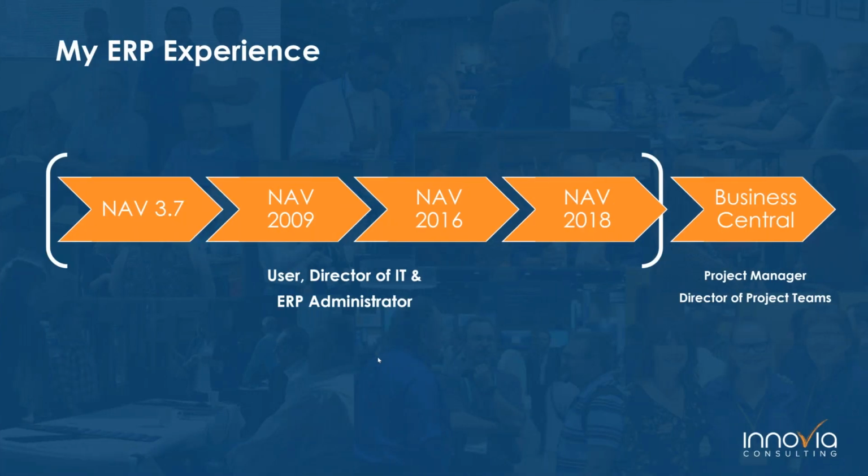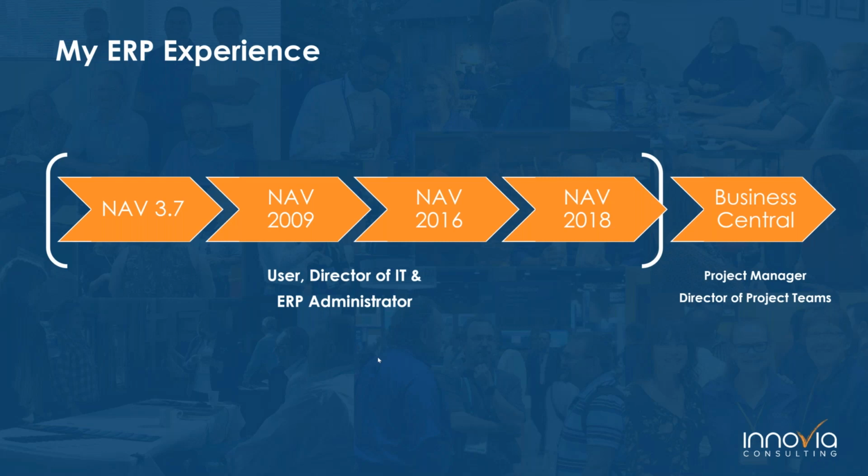Just a little bit of my ERP experience. I started with Nav all the way back when it was on version 3.7, and as an end user, I worked my way up from being a user to a director of IT, and then the ERP administrator and business analyst. And during that time, I worked from version 3.7 all the way up to Nav 2018. And then I came over to the partner side, to Inovia, about 3 years ago as a project manager.